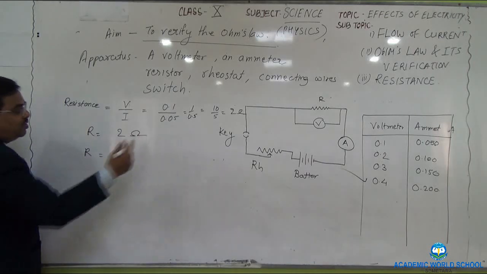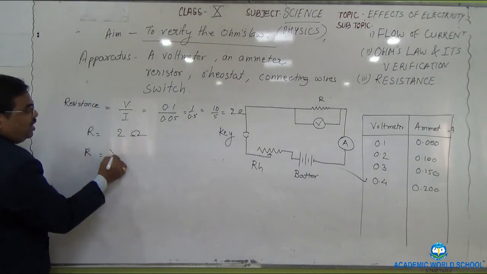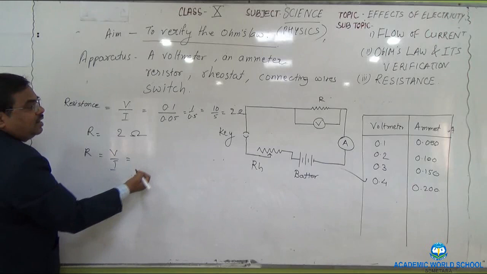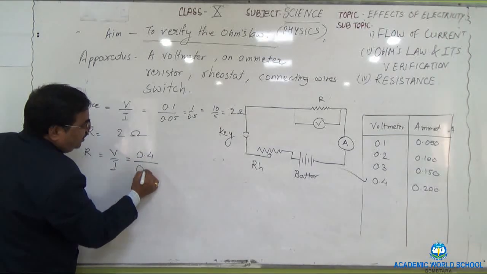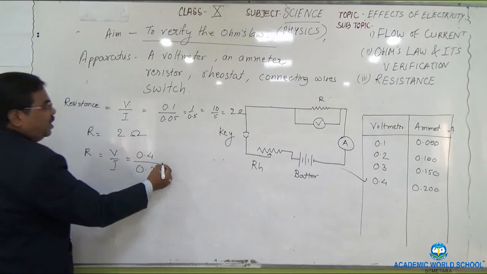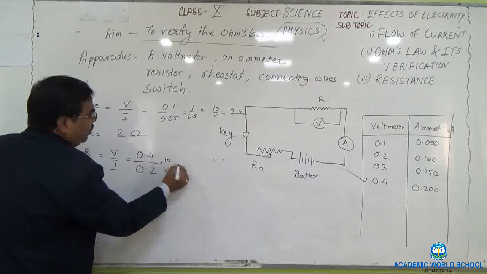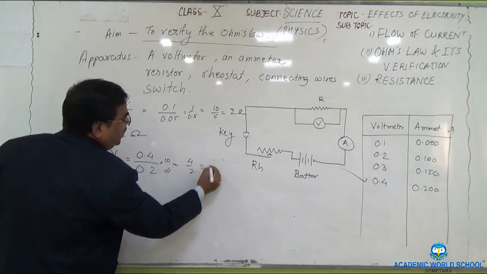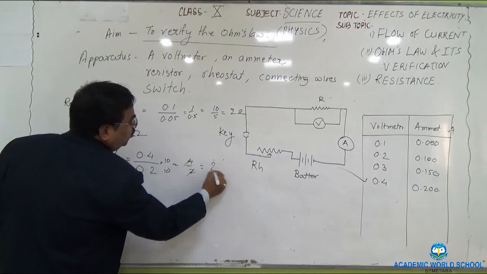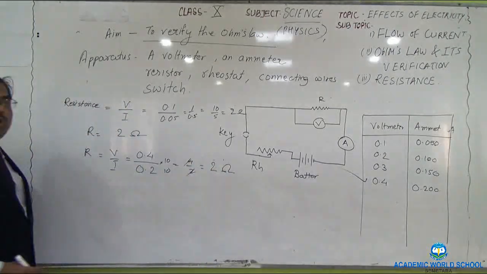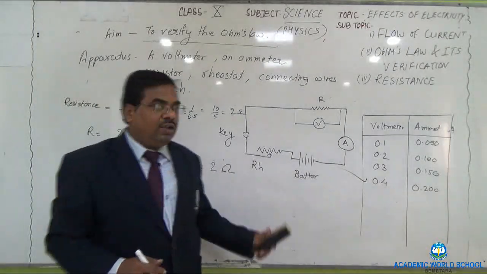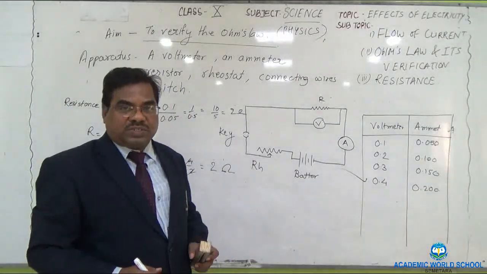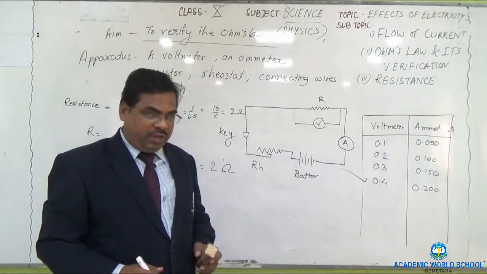Resistance at the fourth set of readings is V upon I, that is 0.4 divided by 0.2, again multiplied by 10. So it is 4 upon 2 and that is 2 ohms. So in both the cases we find that the value of R remains constant, that is 2 ohms only.